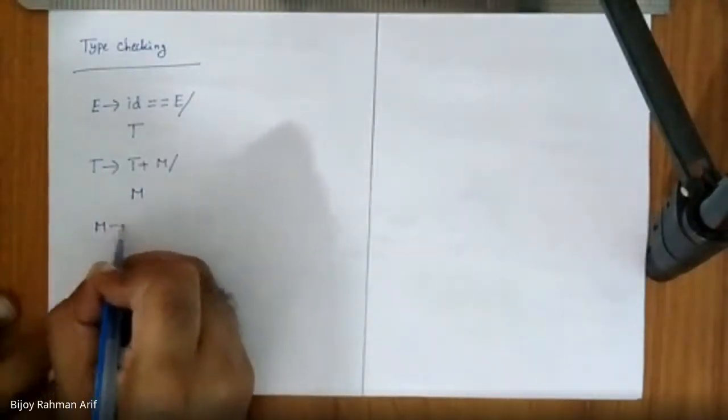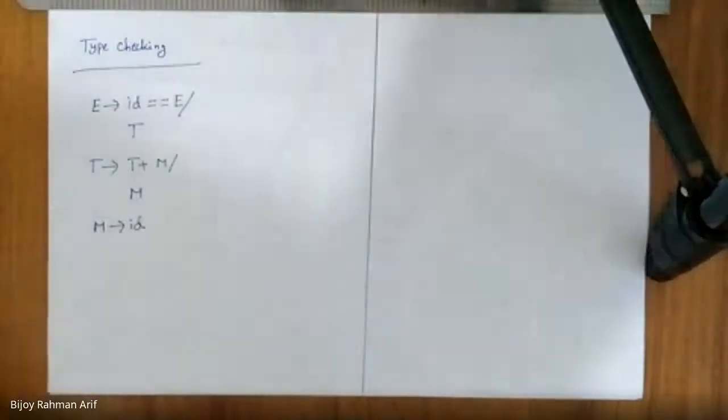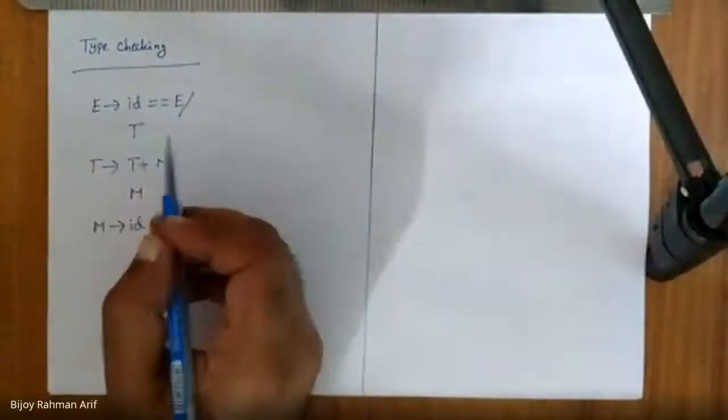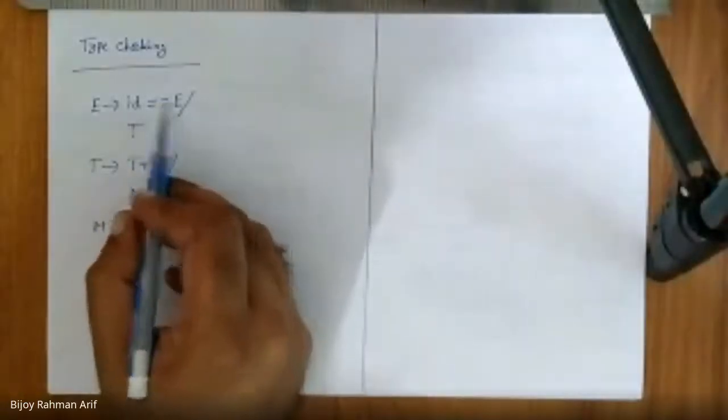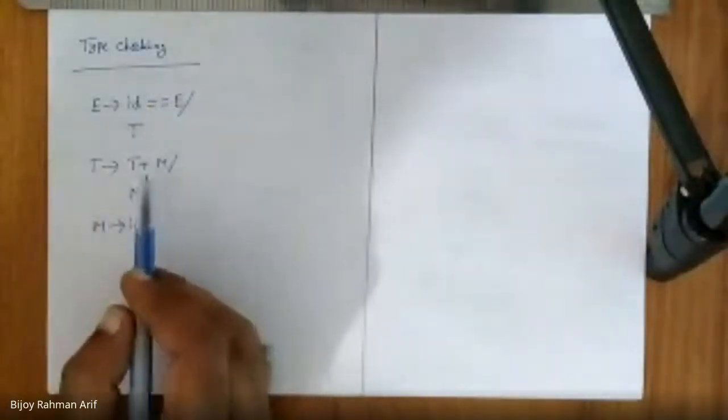I gave both, many more can be done, but suppose there are just two operations. One is comparing equal, another is adding two numbers.